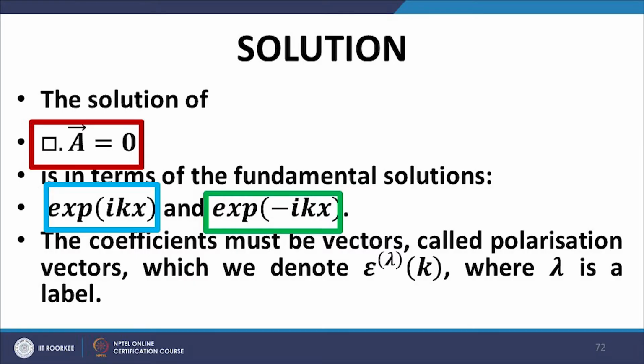The solution of this expression is given in terms of the fundamental solutions, the exponential wave vector solutions, exponential ikx and exponential minus ikx. The coefficients must of course be vectors, called polarization vectors, and we denote them by epsilon superscript lambda k, where lambda is a label.